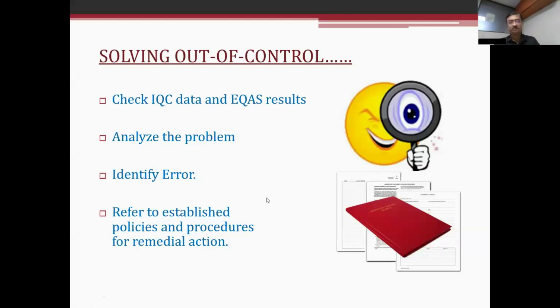IQC data is for precision check. If you find your instrument does not have good precision, you should act on it. EQAS gives you an idea that your accuracy may be questionable, and you have to establish how to identify the lack of accuracy and take remedial actions accordingly.